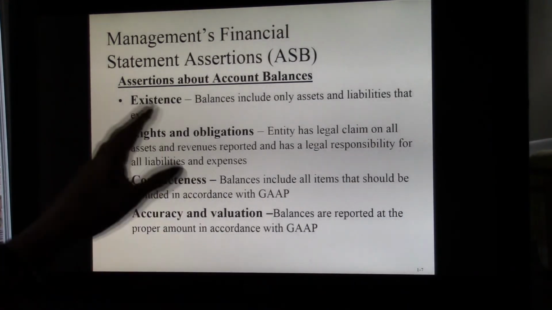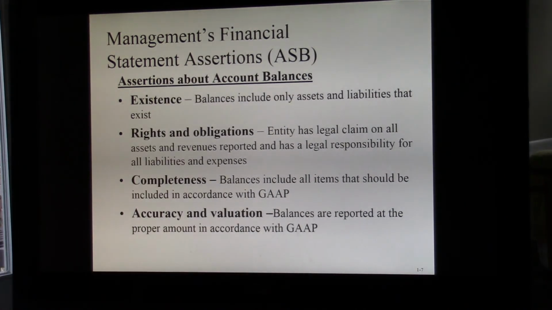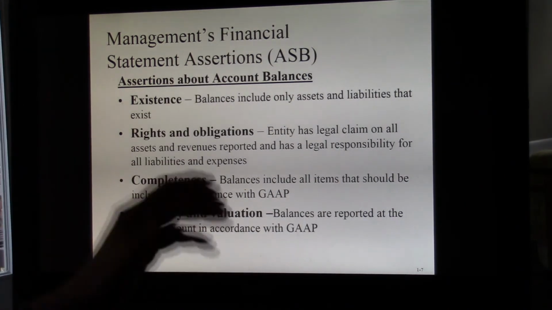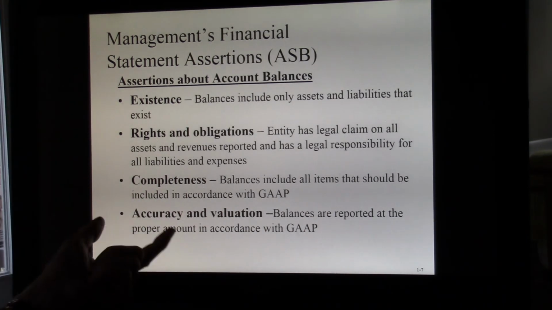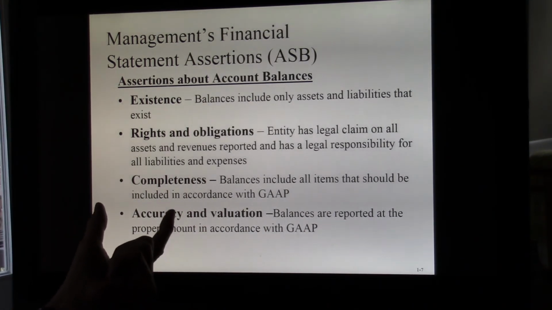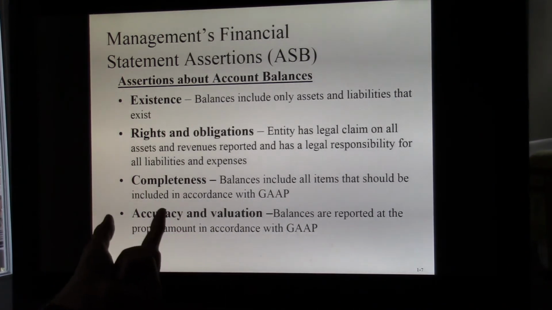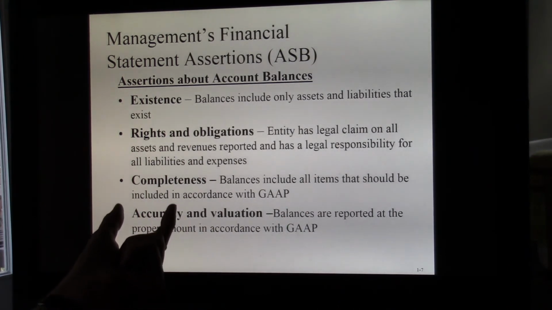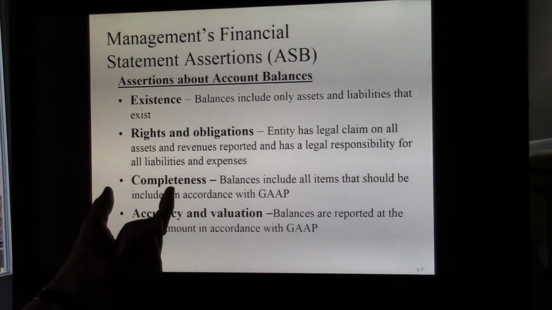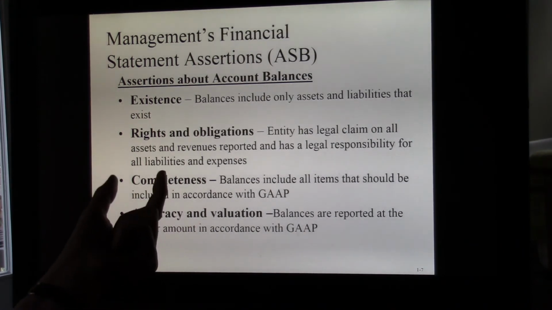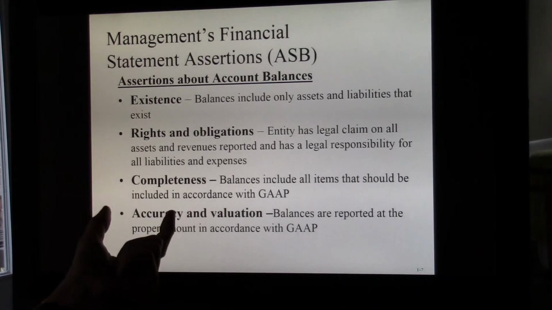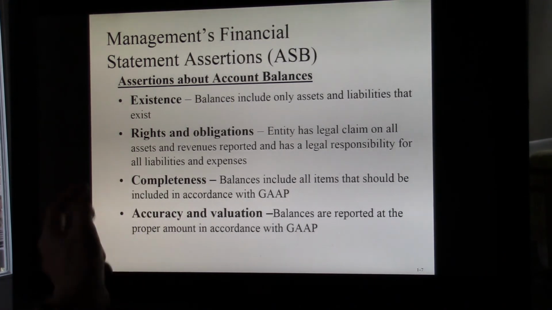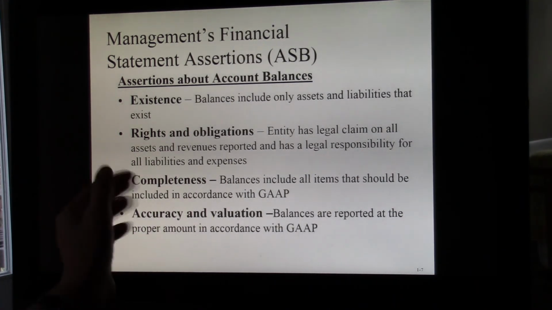All right, sorry about that. Touch screen. Completeness kind of stands on its own. Accuracy and valuation. Accuracy is based on the numbers being correct. Like if I'm doing inventory and I counted 50 units at $50 and multiplied that and got 2,500, I got the right $50 and there really were 50.